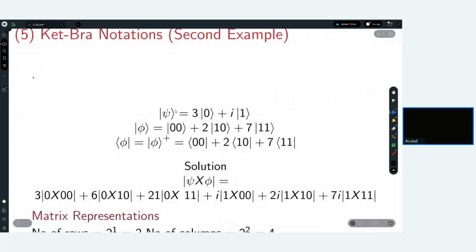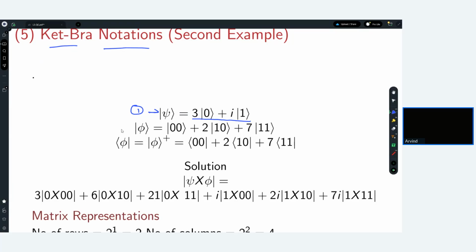Now here is another example in which we are going to use the Ket-bra notation. So this is the Ket function, the first function, Ket psi, which is the combined state of 3 times Ket0 plus I times Ket1.